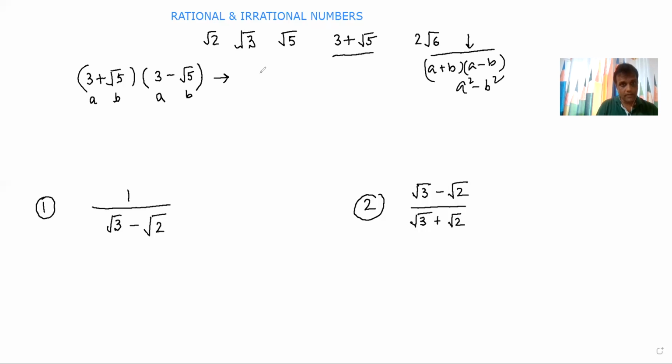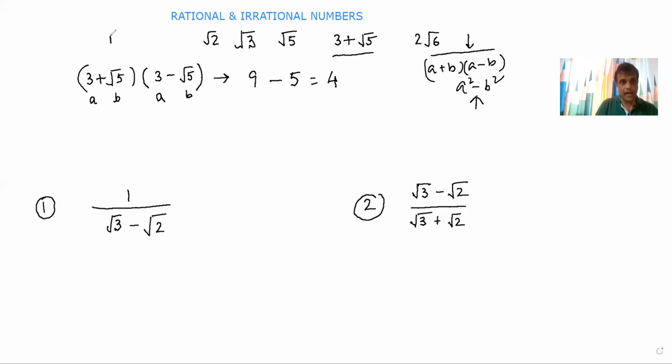So A square, 3 square is 9, right? And minus, this is minus. B square, what is B in this case? Root 5. What is root 5 square? It is 5. So the answer is 4. Now 4 is a rational number. We all know that from the previous video.